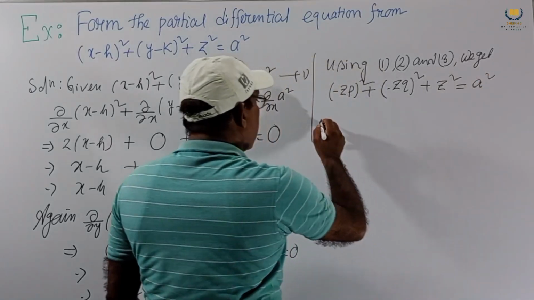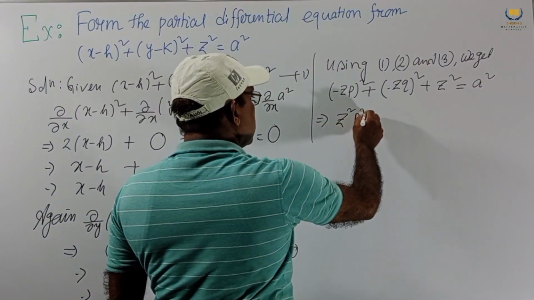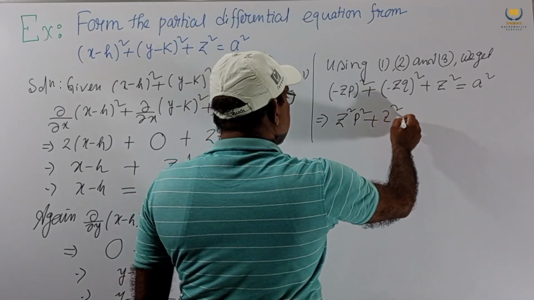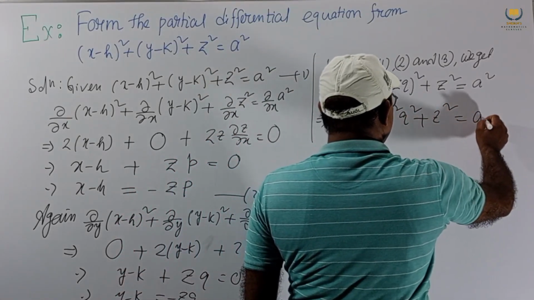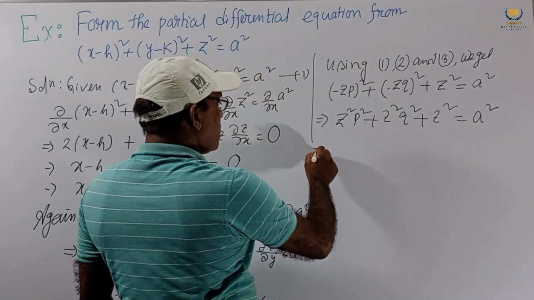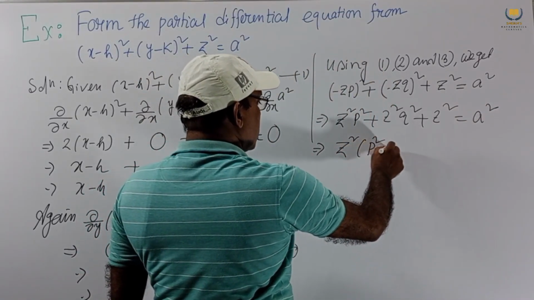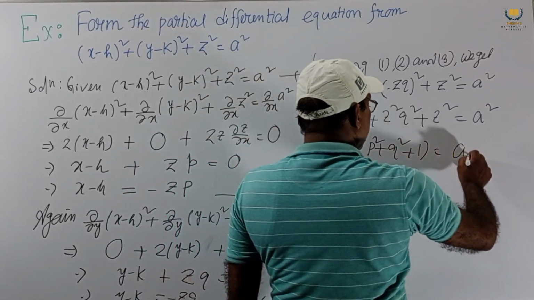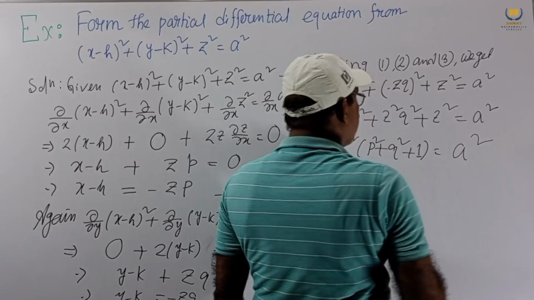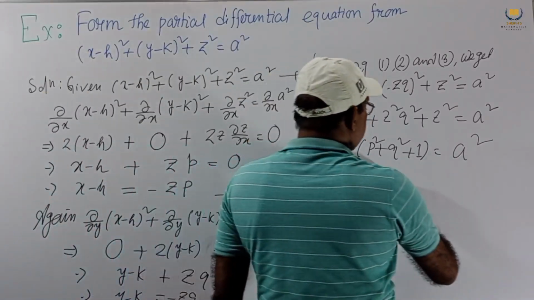This implies z square p square plus z square q square plus z square equal to a square. So z square is common, then z square (p square plus q square plus 1) equal to a square. So this is the required solution.